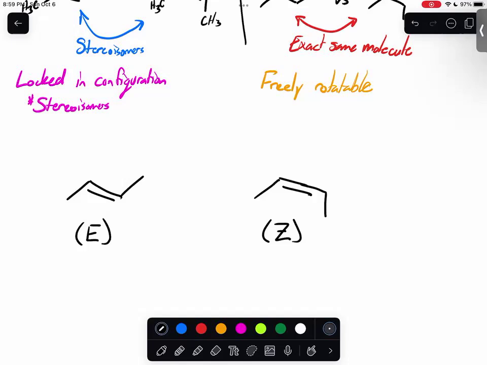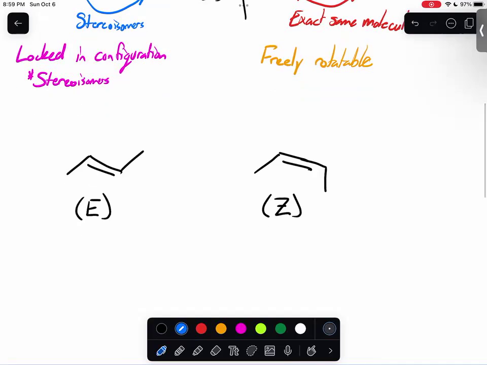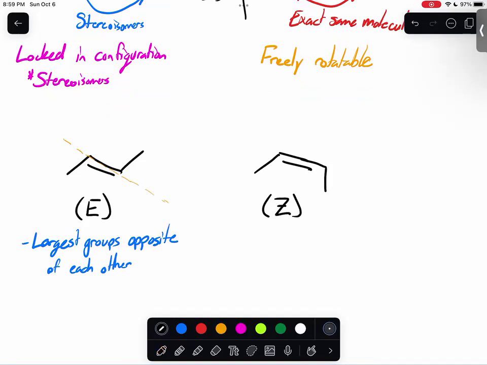Okay? And so, what these tell us is they essentially say where the priority groups sit. Because the priority groups tell us what the direction of that alkene rotation is. So for an E alkene, the largest groups, right, or the priority groups are opposite of each other, right? Whenever we say opposite, we mean what side of the double bond they are on. Because if we were to draw a nice little dotted line on the plane of where that double bond sits, we would see that there are, not shown here, but what we're currently going to show, some hydrogens, right?